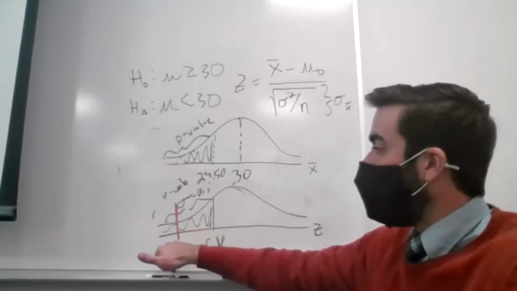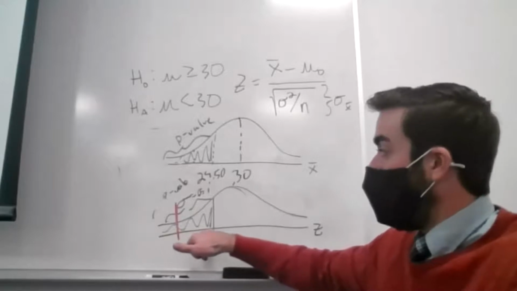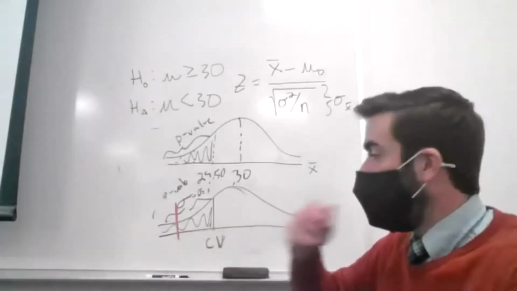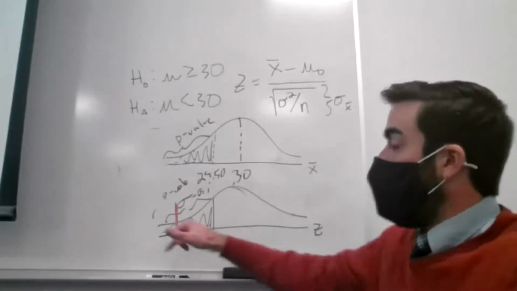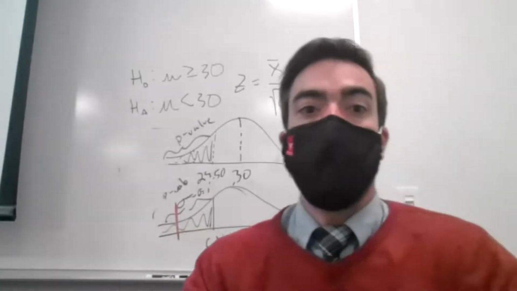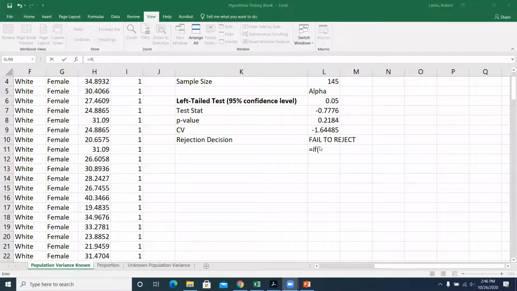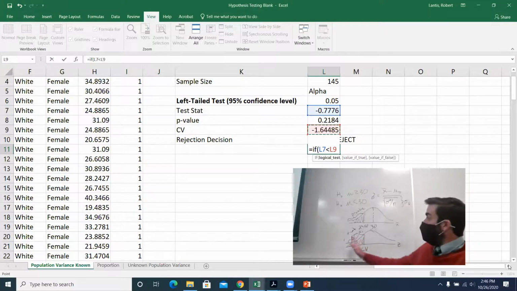So I actually want to see if my test statistic is less than my critical value, and then I want to reject. It's a little bit different than what we had before because we're dealing with the left side of the distribution, which are all negative values. So now I want to say if my test statistic is less than my critical value, which translates to a more extreme negative value.